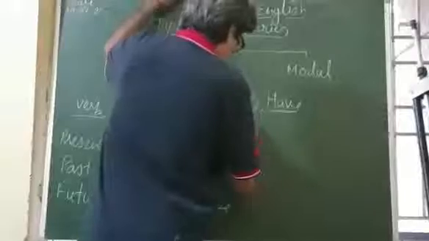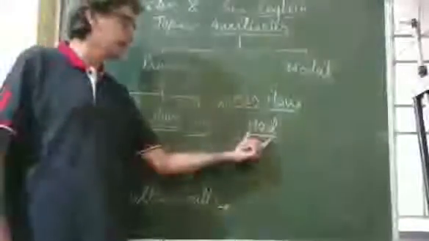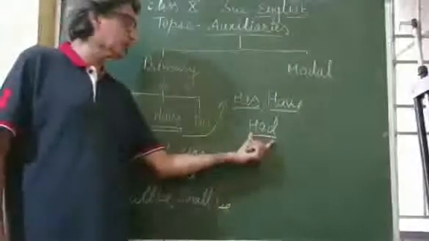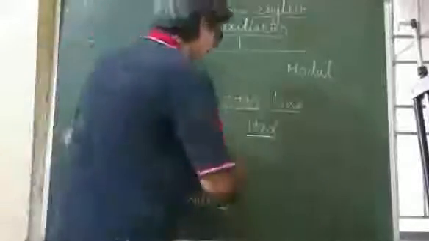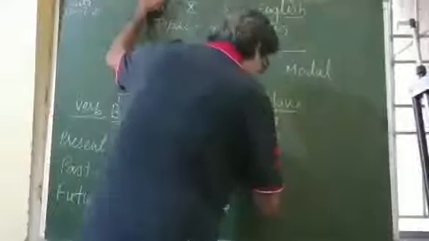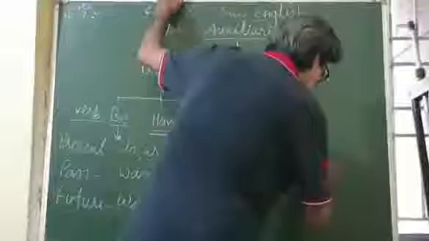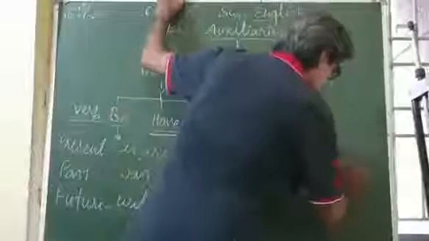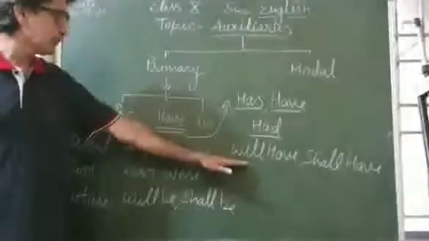And for the past, had. Singular and plural both will be depicted with this for the past. And for the future, will have and shall have.